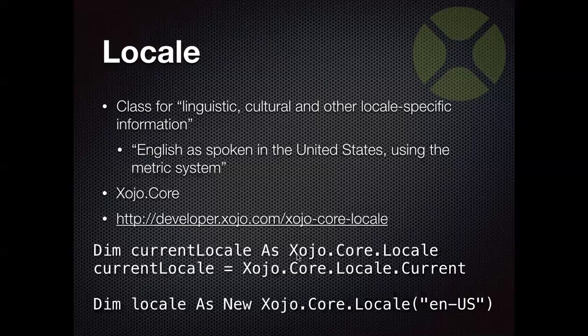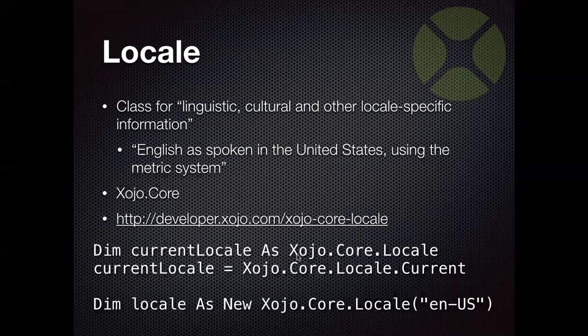And if you're using a different project type, you can skip the Xojo.core by just putting using Xojo.core at the top of your method if you want, or setting it for the module or class or whatnot. And then you could just type locale. And we'll see some of that when we look at Xojo code in a little bit. But I put the full thing here so you can know exactly where it is.